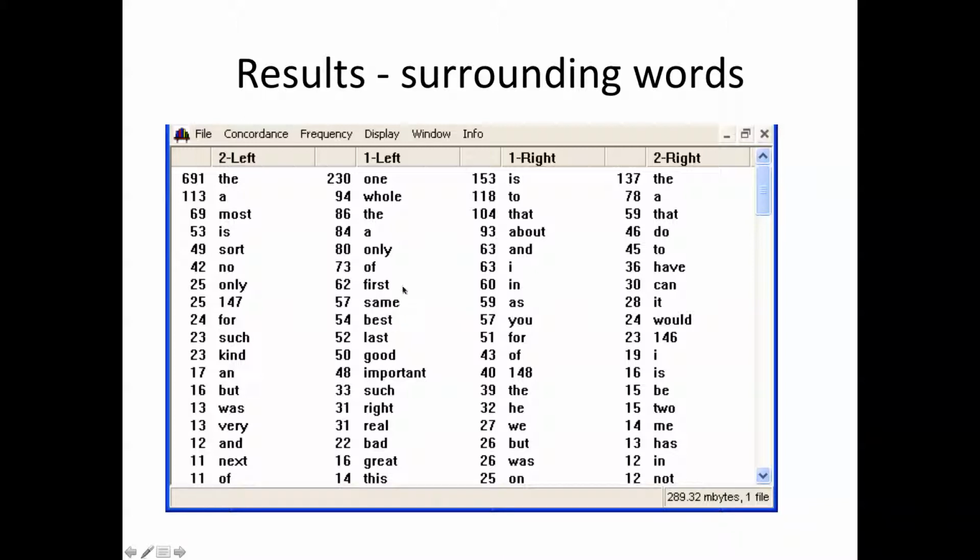Okay, so something like one thing or the whole thing, important thing, are kind of collocations, they're word combinations. Important is attracted to thing, and best is attracted to thing. So those are called collocations. So let's look at that a little bit more. We'll come back to it a little bit later.